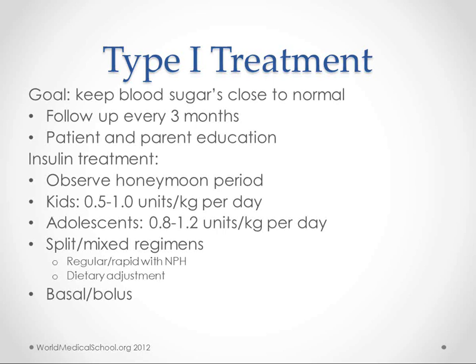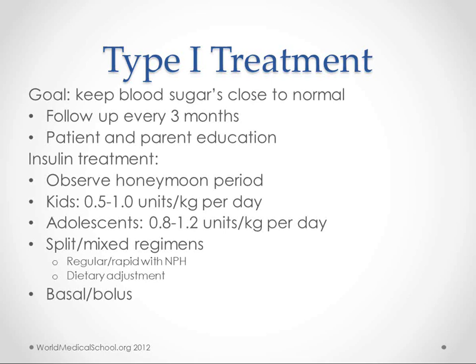So insulin treatment, once you start insulin treatment, you're going to be preserving some of the beta cell function that's still left. You remember, you probably got 10% of your beta cells left at diagnosis. And once you bring the blood sugars down, then that beta cell function will return temporarily. So you get a honeymoon period where you are still producing endogenous insulin, and that may last months to a year.